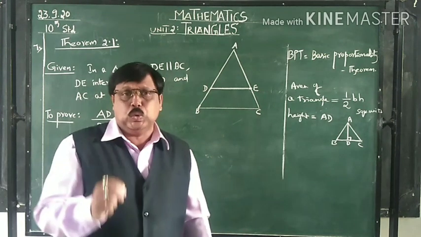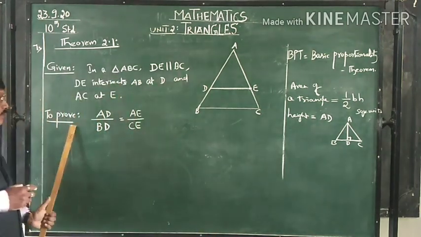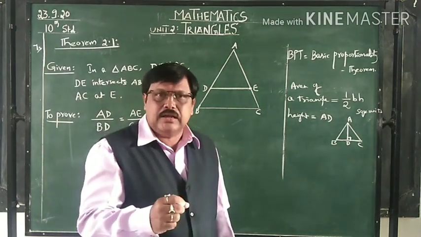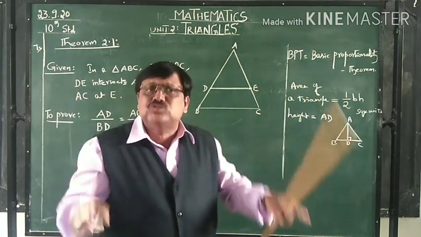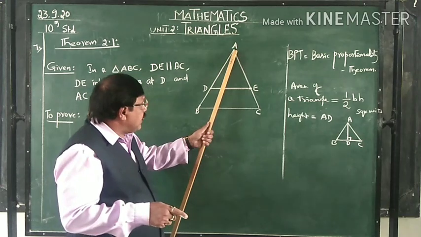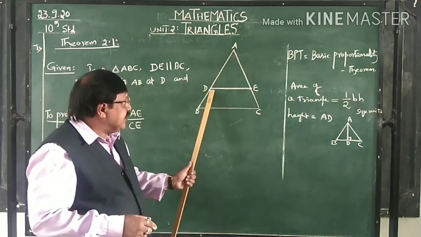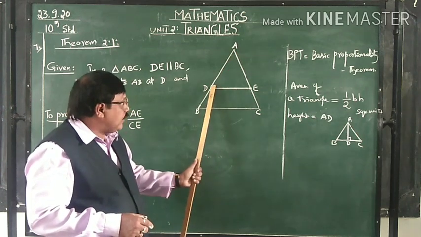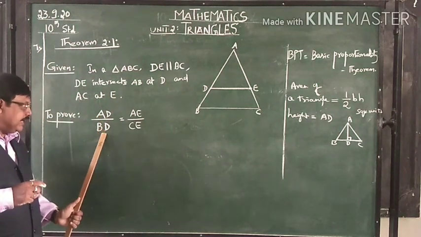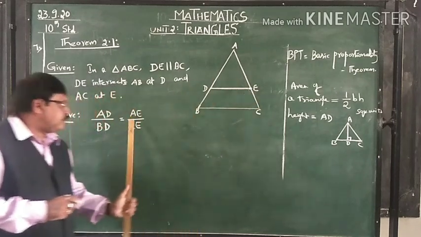And what you should prove, the conclusion to prove is, when the line drawn parallel to one side of the triangle, it divides the other two sides in the same ratio. That means this D divides AB and E divides AC. Therefore, the ratio AD by BD is equal to AE by CE.